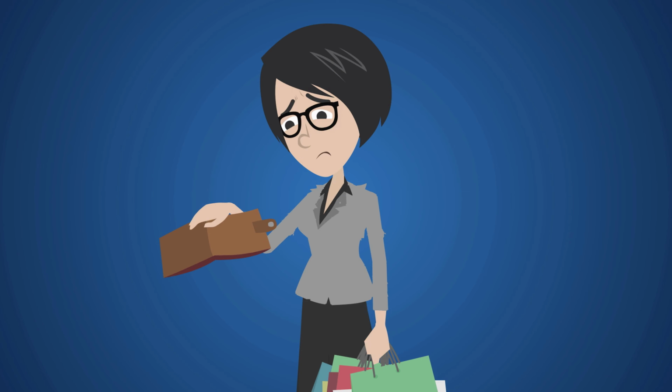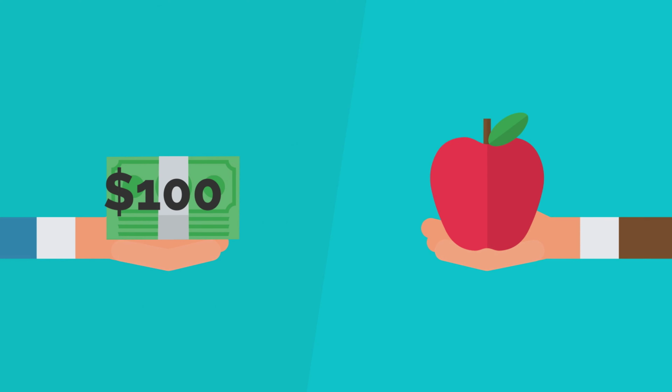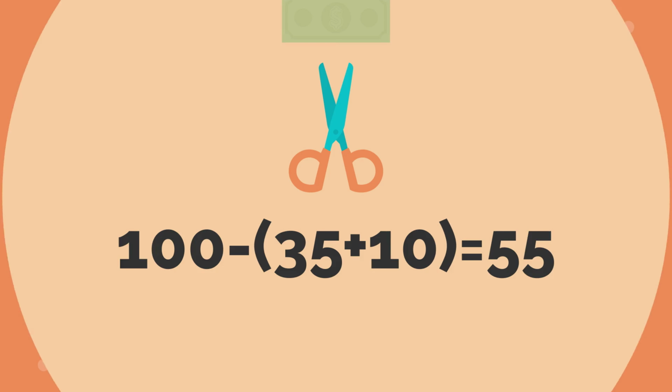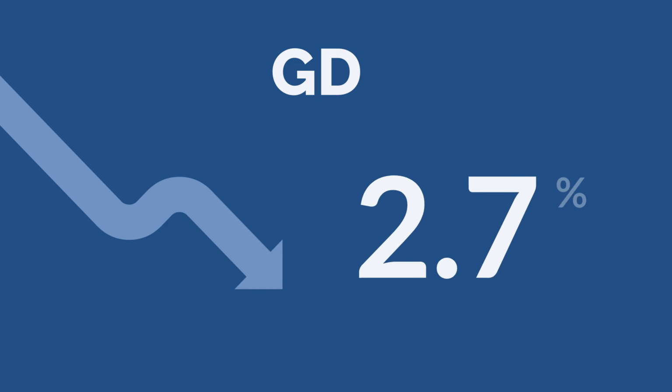So, if, let's say, the income tax was 35% and the sales tax was 10%, a $100 worth of labor could buy the worker only $55 worth of goods as a result. Finally, a tax on capital income lowers the quantity of saving and investment and slows the growth rate of real GDP.